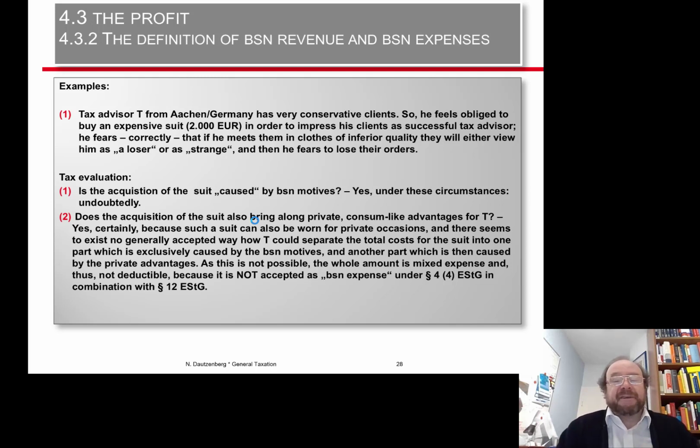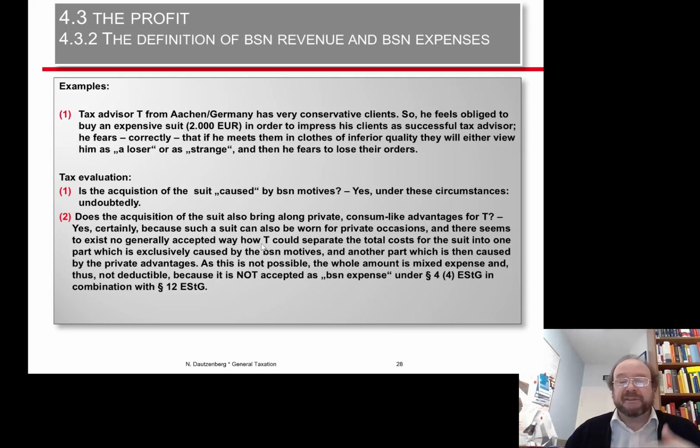And there seems to exist no generally accepted way how our tax advisor could separate the expense for the suit into a part which entirely relates to business motives and another part which entirely relates to private occasions. And as you cannot prove that a minimum amount of the money goes back exclusively to business motives, then you can forget it. It's mixed expense, not deductible.